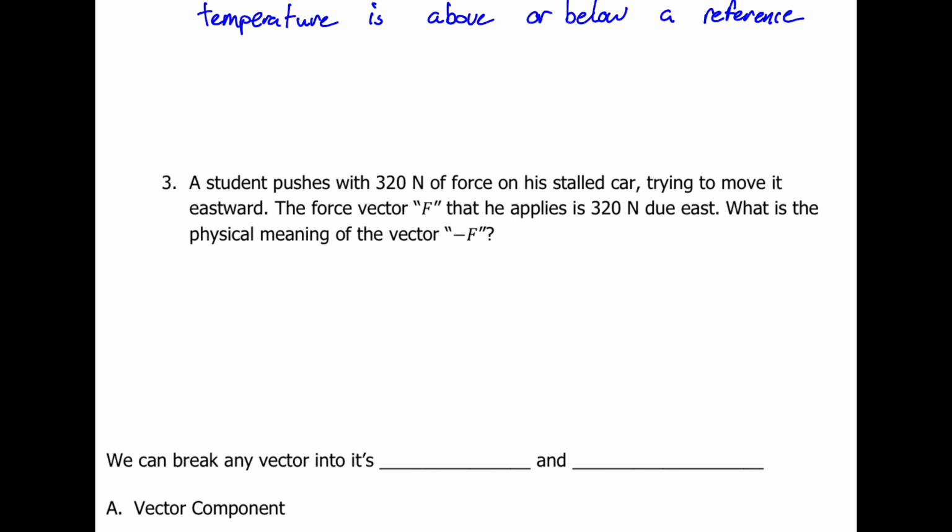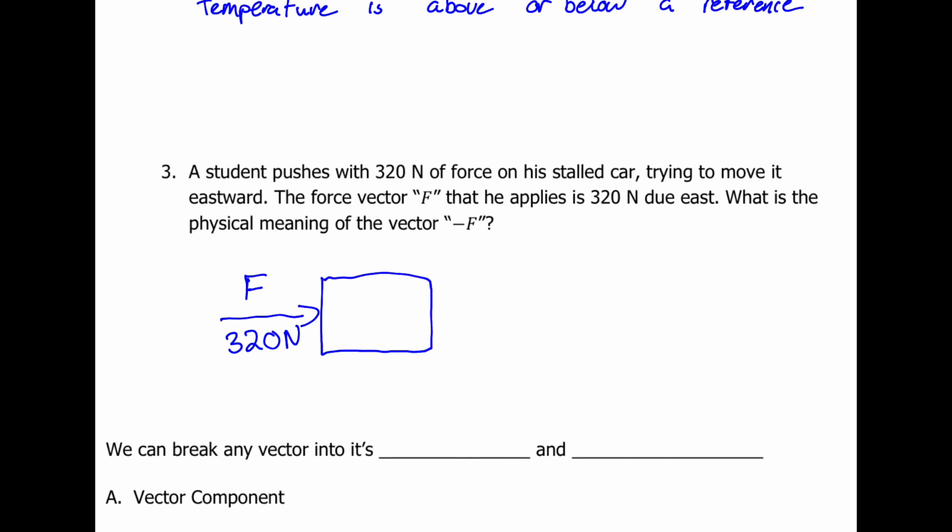The force vector, which we like to write as F, we can write with an arrow going towards the east, and that arrow can be 320 newtons of force. We'll worry about what that actually means later. And we can say that he's pushing on this object. This is how we draw objects in physics class.